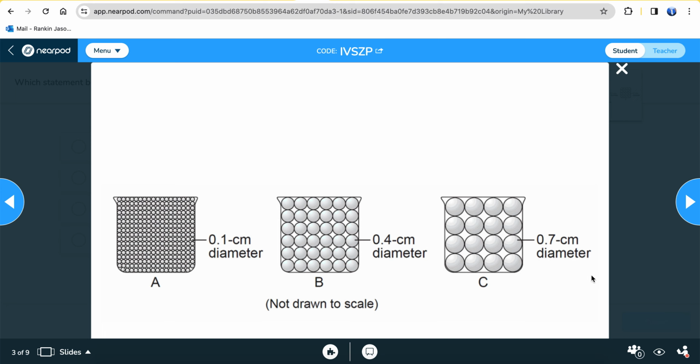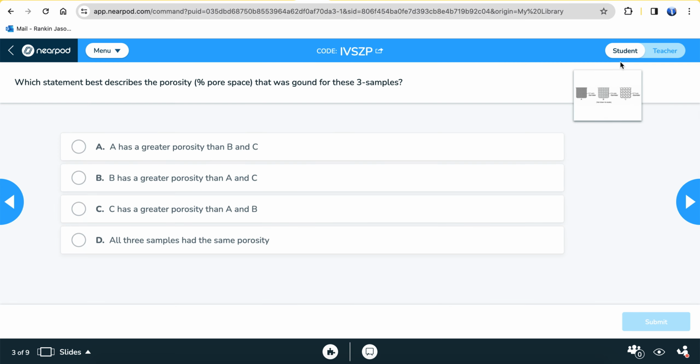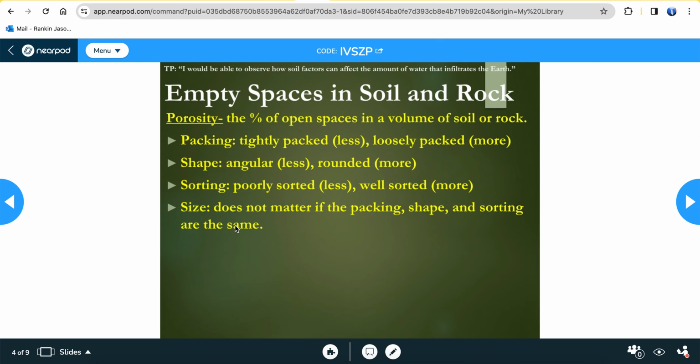However, if we had a letter D and you begin to mix them up, then it becomes poorly sorted, and then you reduce the amount of pore space. All right, and then size. Size does not matter if the packing, shape, and sorting are the same. That was the factor for that last question.